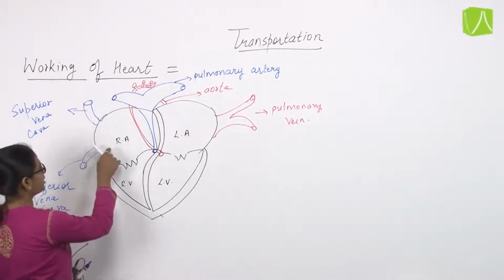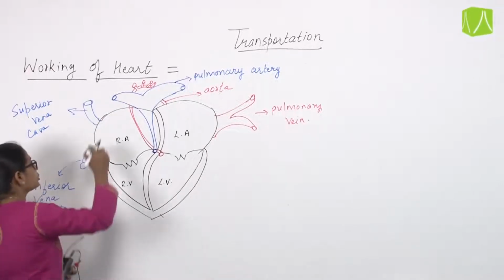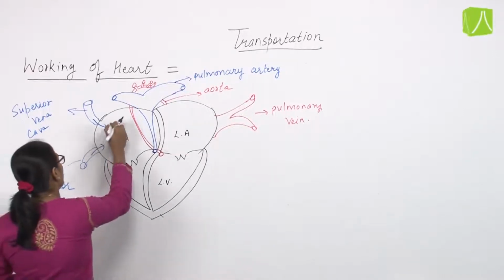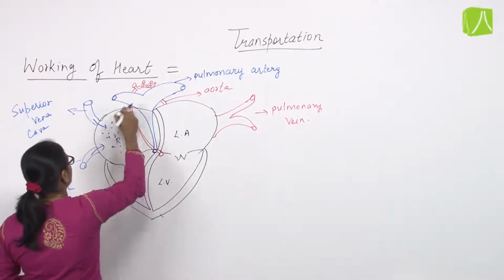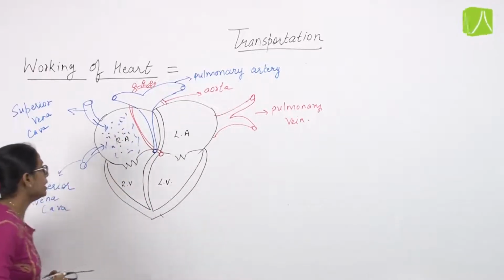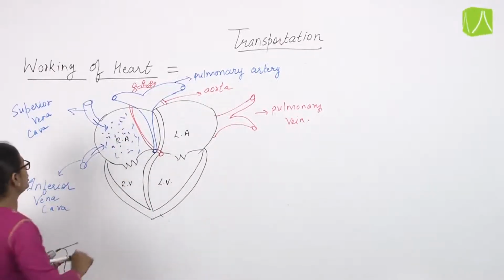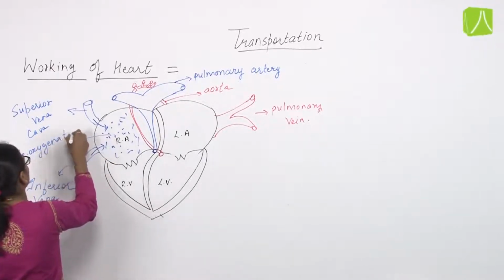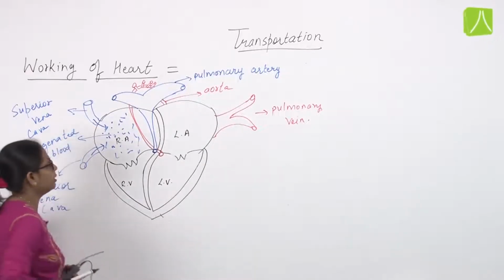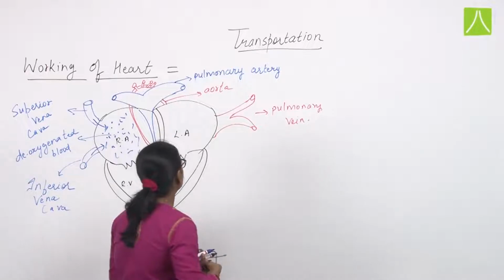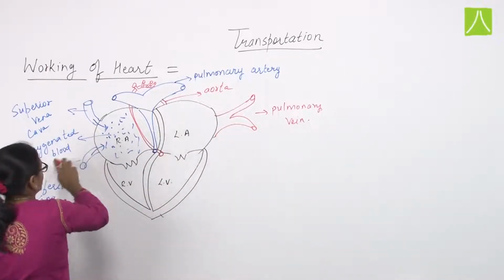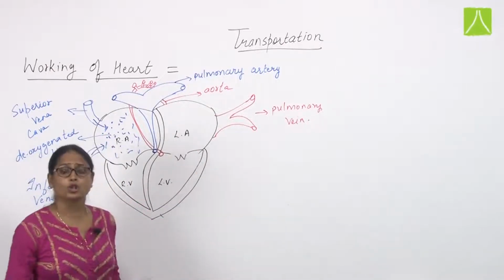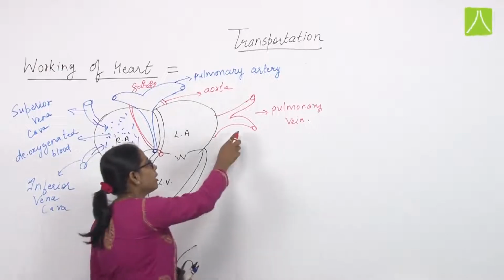Why? Because the right side of the heart receives deoxygenated blood from the lower and upper body parts. So the deoxygenated blood is received by the right auricle. The right side of the heart receives deoxygenated blood through the vena cava, and similarly the left auricle receives oxygenated blood from the lungs through a vein.